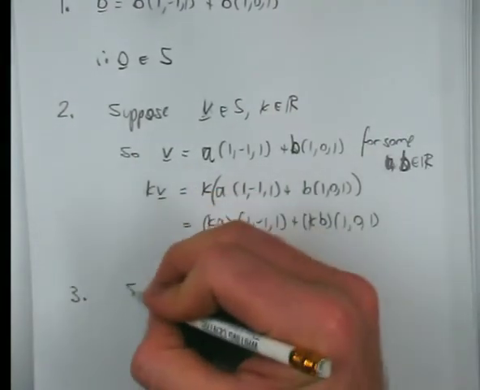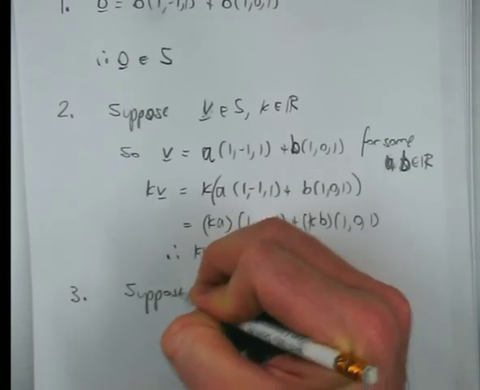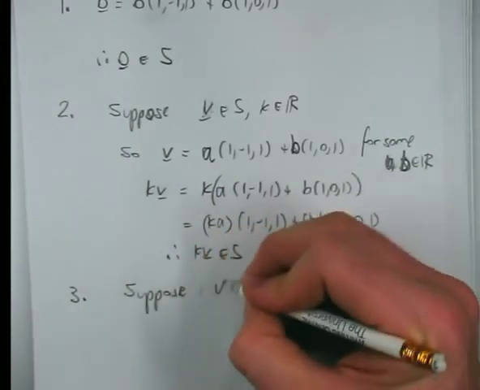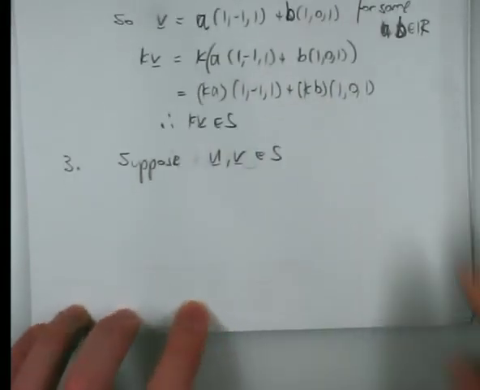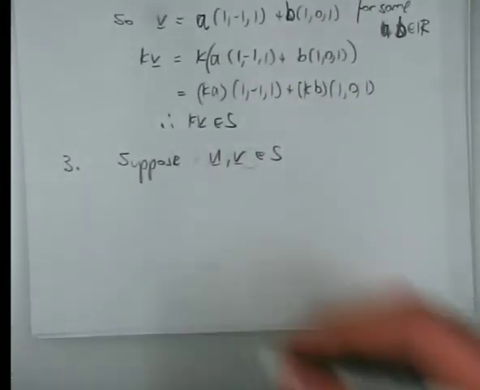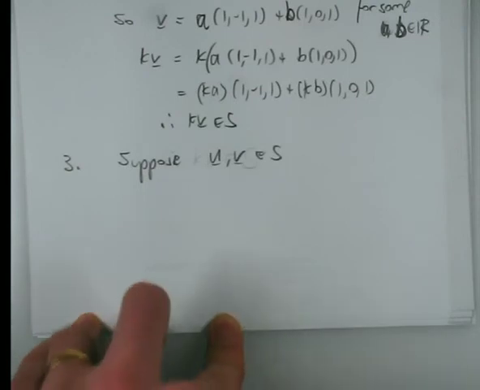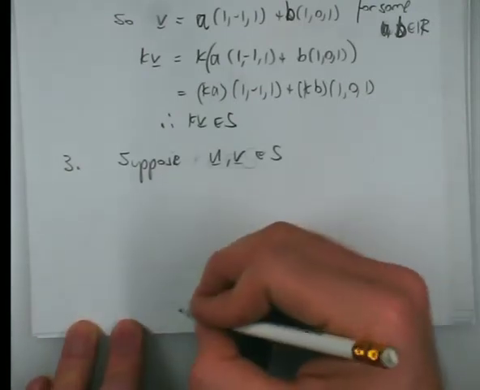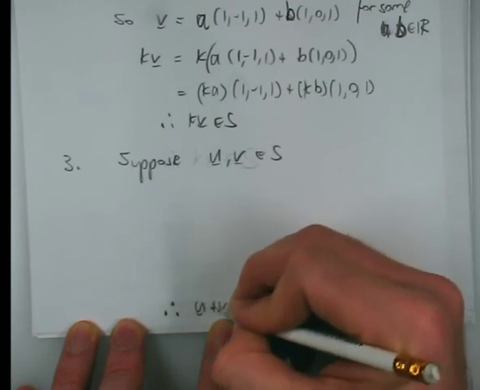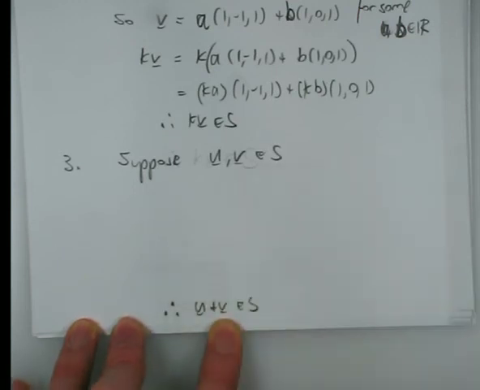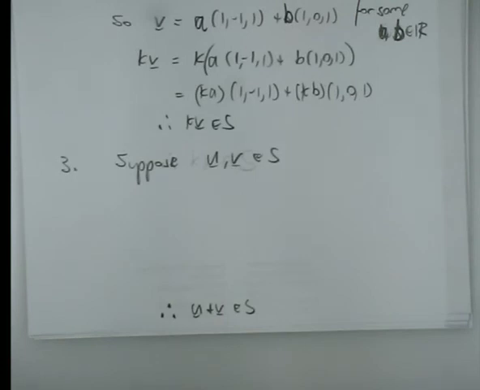Three. Suppose U and V are both in S, and at the end of my working, I'm supposed to get to: therefore, U plus V is in S. I don't know if I have enough room, but let's hope I will. So I need to use my rule.